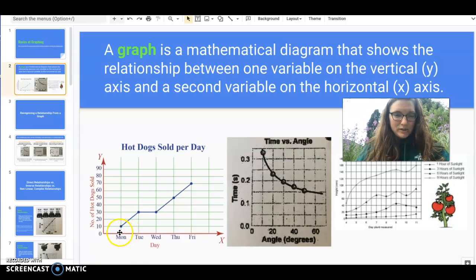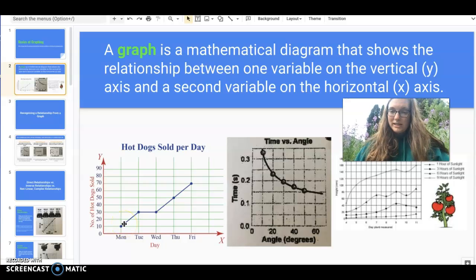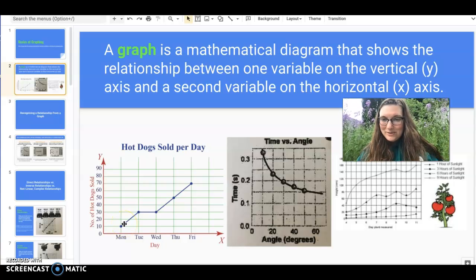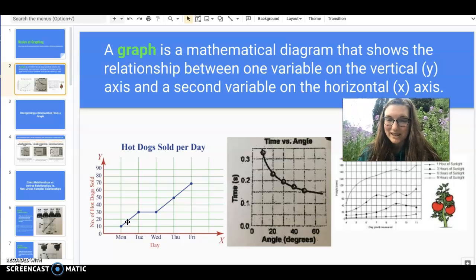If I'm wondering how many hot dogs are sold per day, then Monday, Tuesday, Wednesday, Thursday is the part I don't have to think about, but it's important to know how it's set up. What's interesting is that on Monday we sell a lot fewer hot dogs than on Friday. So using analysis of this graph, I can make a claim, evidence and reasoning about how many hot dogs are sold per day.